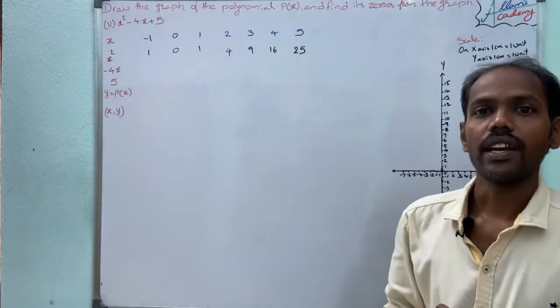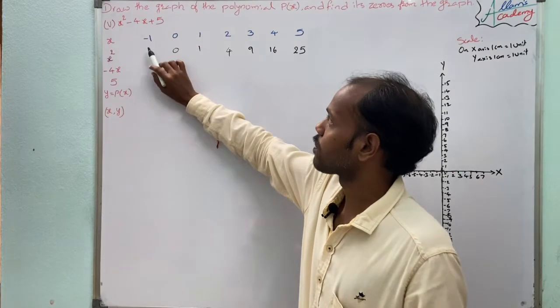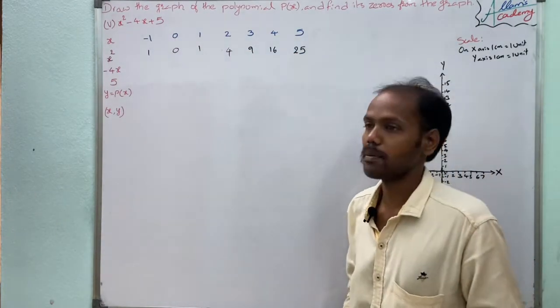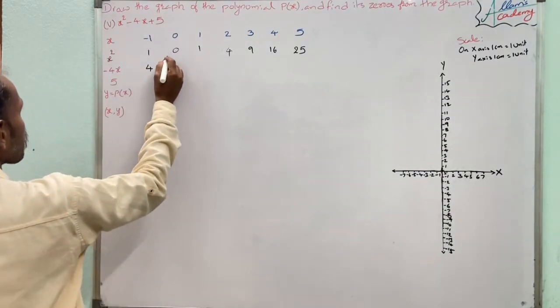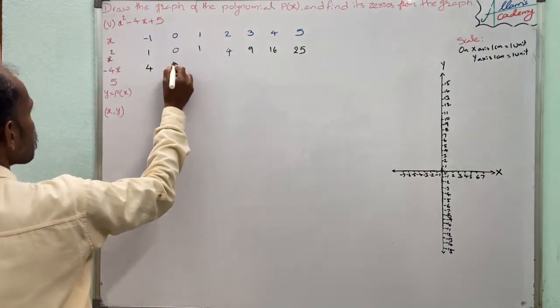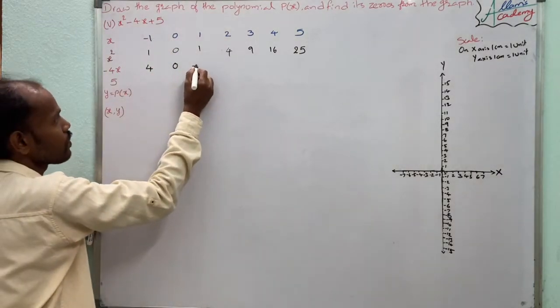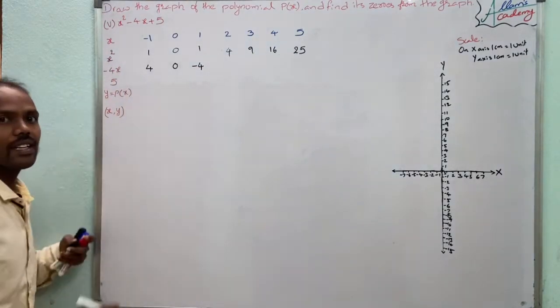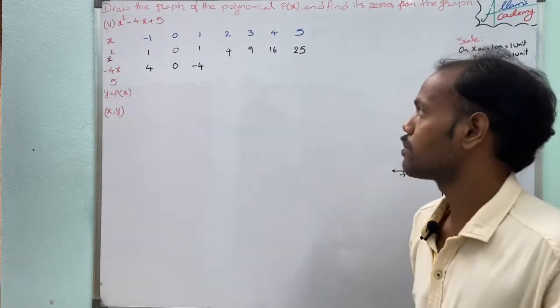Next one, minus 4x. That means we multiply these x values by minus 4. So minus 4 into minus 1 is 4, minus 4 into 0 is 0, minus 4 into 1 is minus 4. Here we observe that positive numbers multiplied with the negative number minus 4 give negative numbers only.